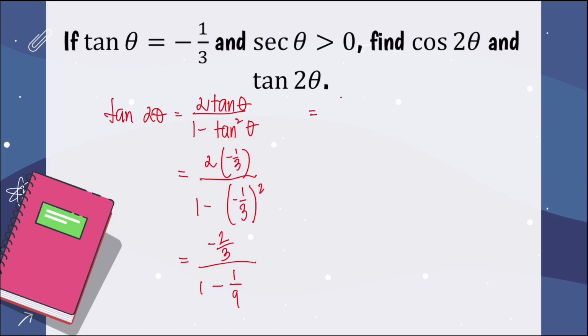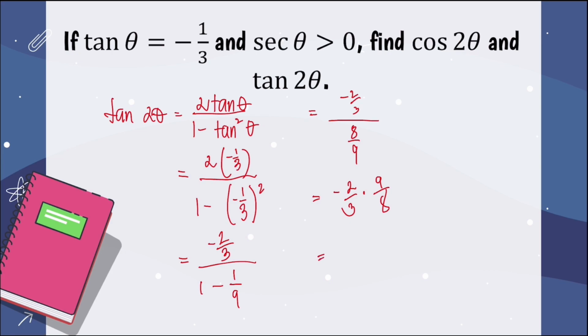So, we have negative 2/3 over 1 minus 1 over 9, which is 8 over 9. Since this is now a complex fraction, you'll get the denominator and multiply its reciprocal to the numerator.